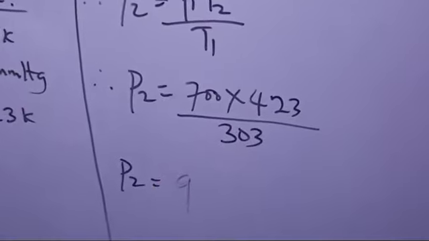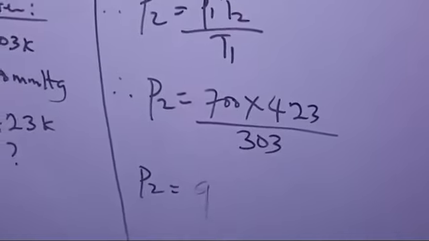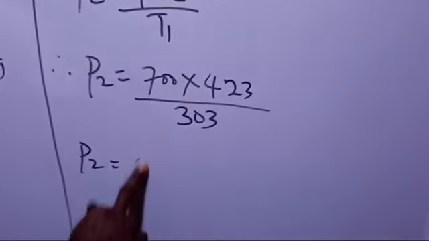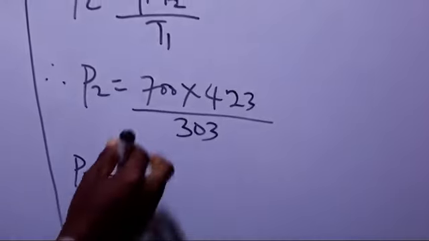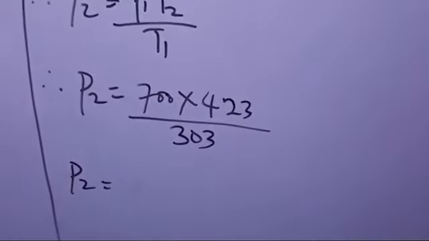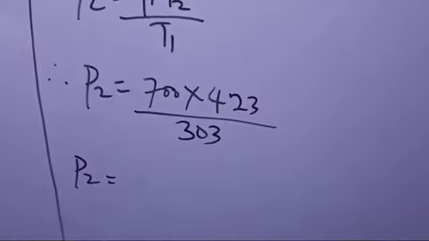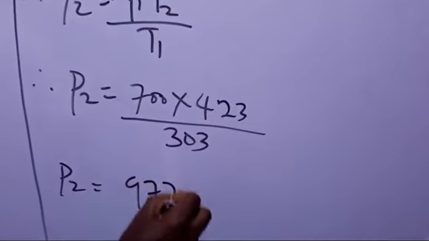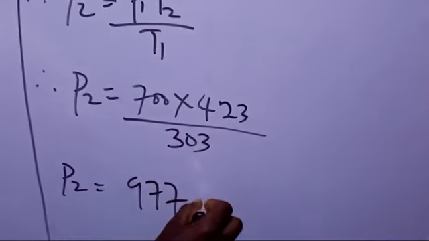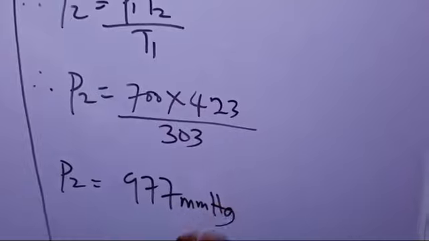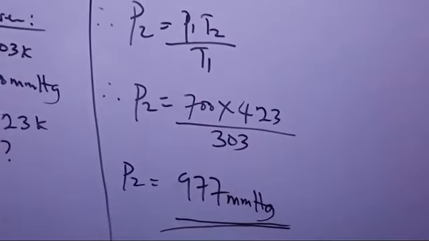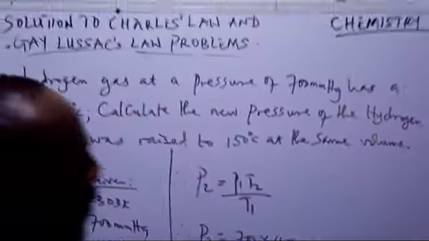Sorry, let me change this marker. I was saying, if you multiply 700 by 423 and divide by 303, you have 977 millimeter mercury. As simple as this, like I always say.